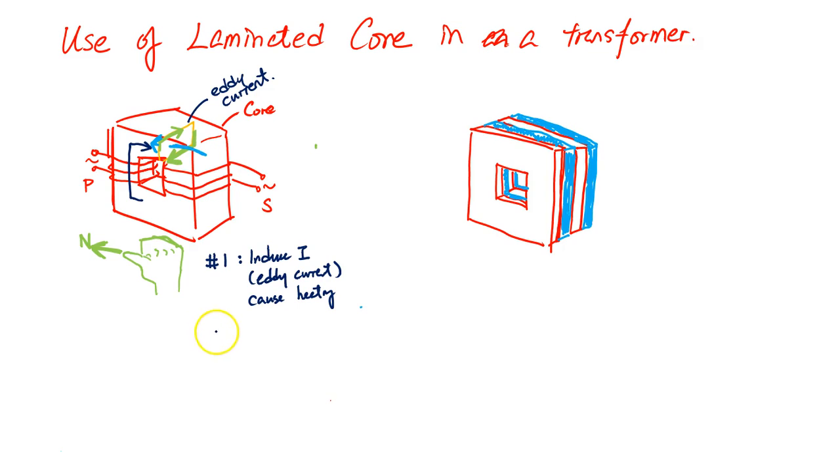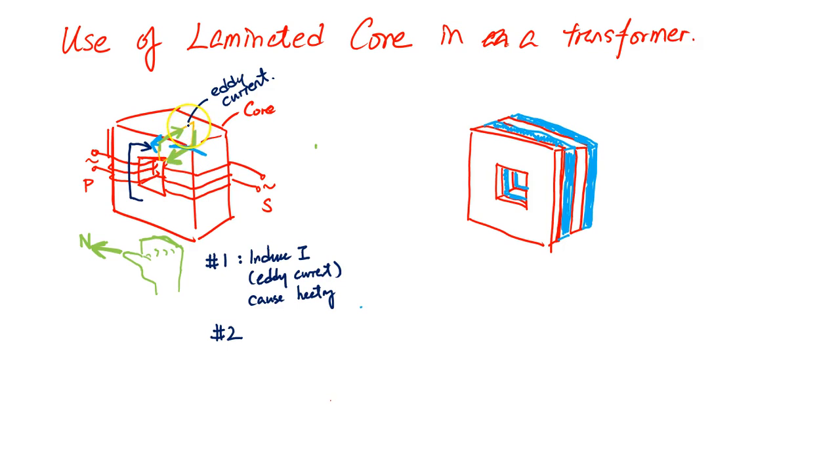Now disadvantage number two is that the eddy current will flow in a way that will oppose the magnetic field line created by this primary coil. Effectively, the secondary coil will now experience a weaker change of magnetic flux. Let's say 10 units of magnetic field is produced by the primary coil.